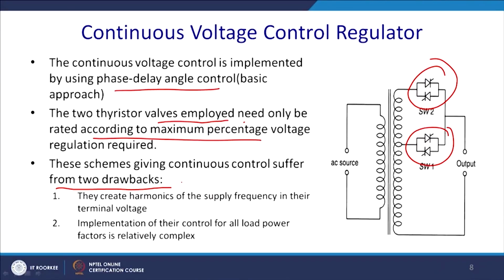They definitely will create harmonics of the supply frequency in their terminal voltage, and implementation of the control for all load and power factor is relatively complex, because you know that with a lagging power factor, current and voltage will be in quadrature, and then it may not be automatically commutated also.